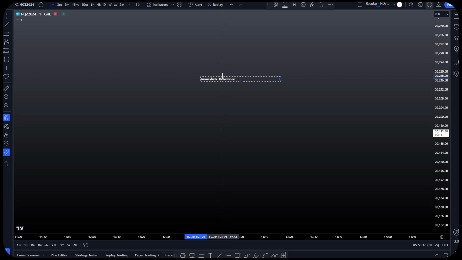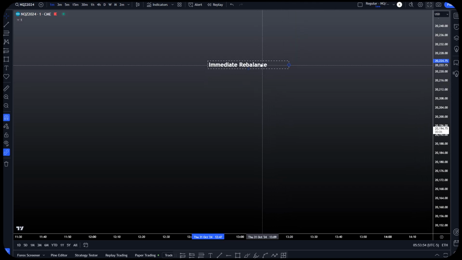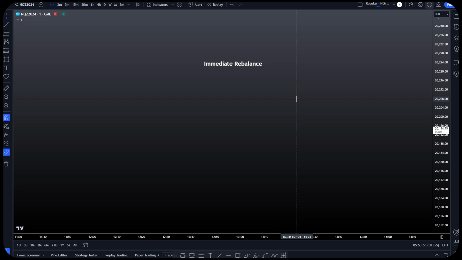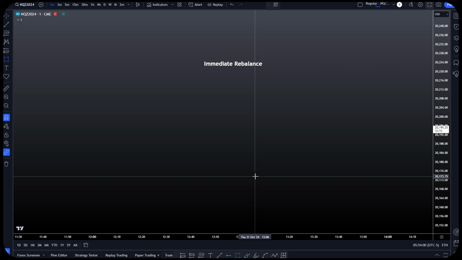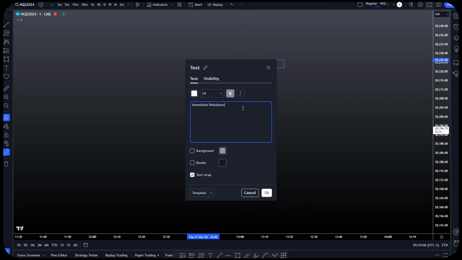Immediate rebalance is, I would say, a PD array or a signature in price that helps you identify the direction of the market, or maybe even find conviction in the market. So this absolutely works mainly when you have conviction.